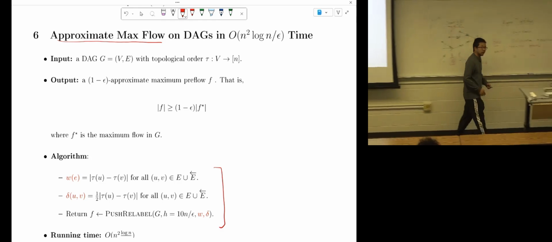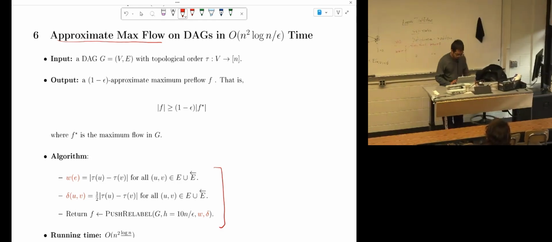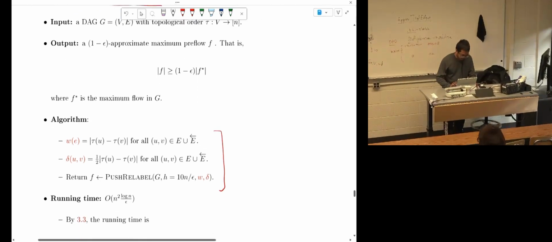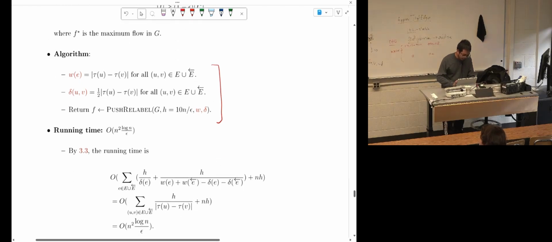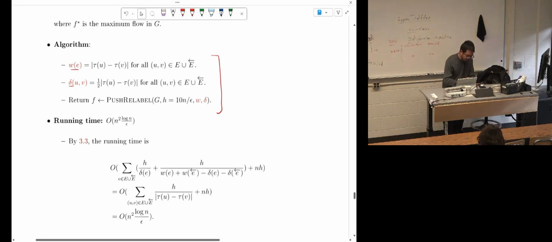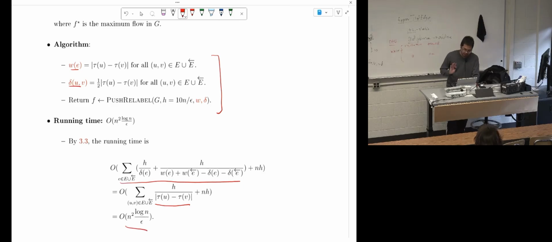So why does this work? Well, at least with this weight and slack, the term that we get will be simplified to this one, and it looks like this one. So at least the running time is good.